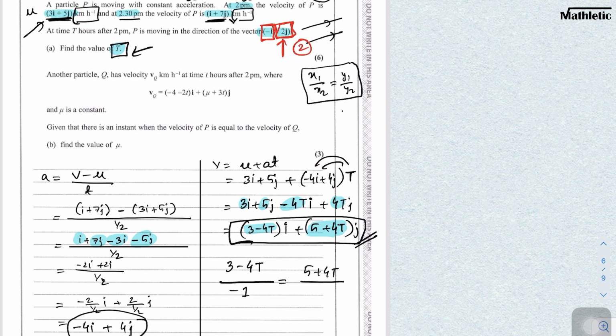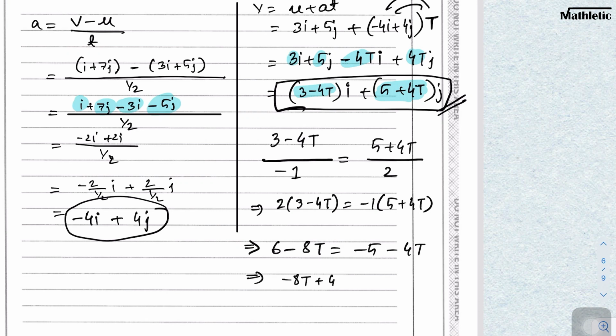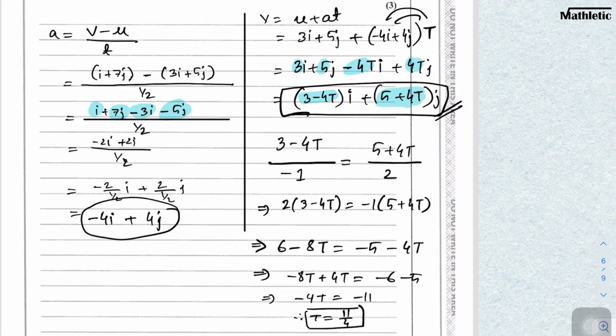So we just need to take the coefficient, which is 2. So now just solving this equation will give us the value for t. So I will just cross multiply this thing here. So t is 11 by 4.